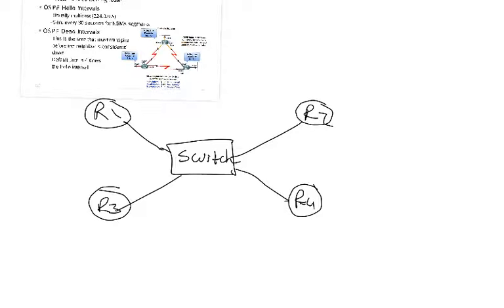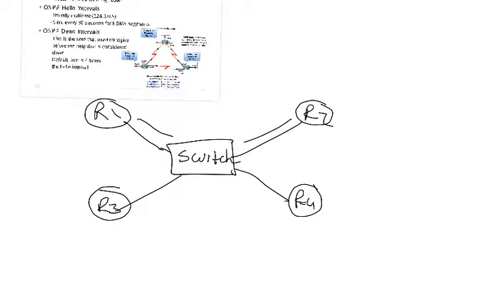This is an example of a network that we call multi-access. Why? Because all routers are connected to a switch. Multi-access means that you can send messages from here and here, and the switch will resolve the multi-access issue. But it's non-broadcast.